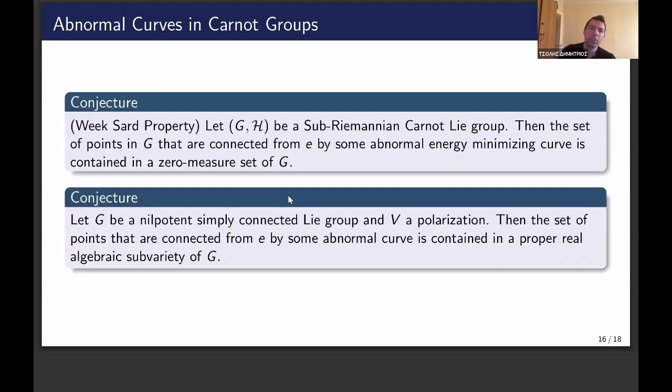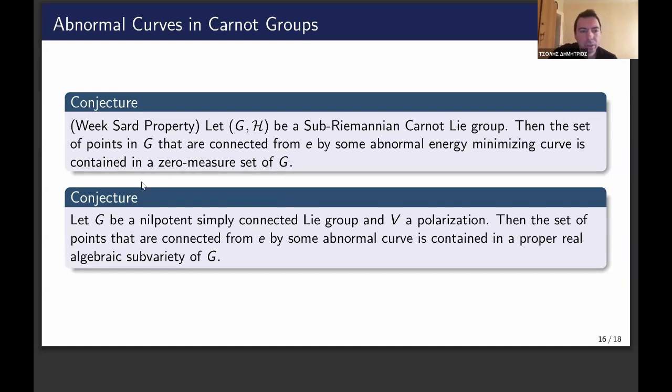Now we have two conjectures about the Sub property. So remember, the Sub property is about having measure 0. So the abnormal curves having measure 0. So we have the weak Sub property that says that essentially all points that are connected by abnormal minimizing curves are contained in a set that has 0 measure in the group.